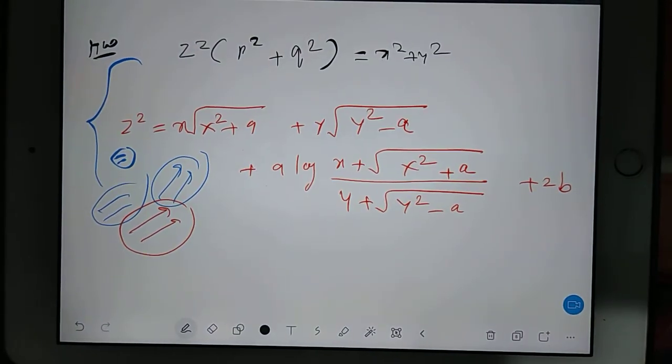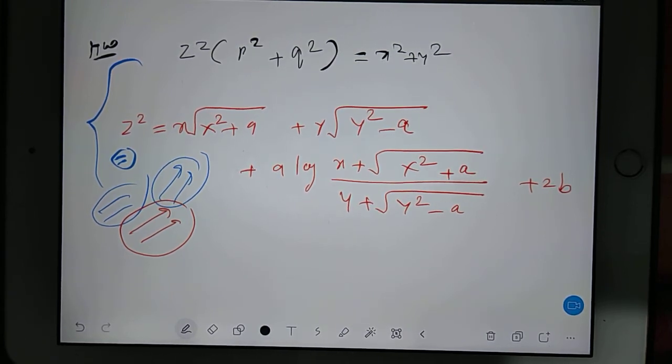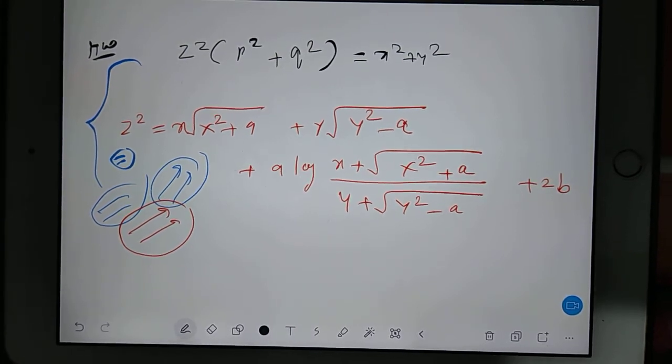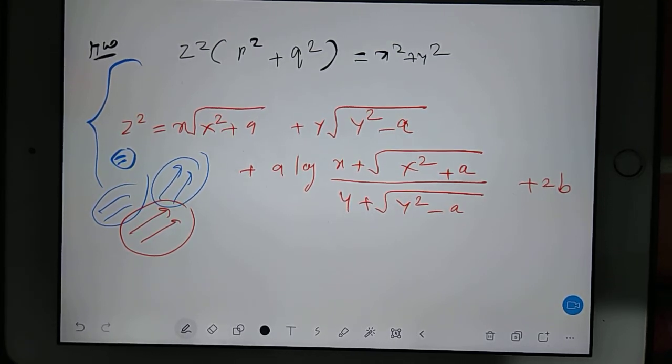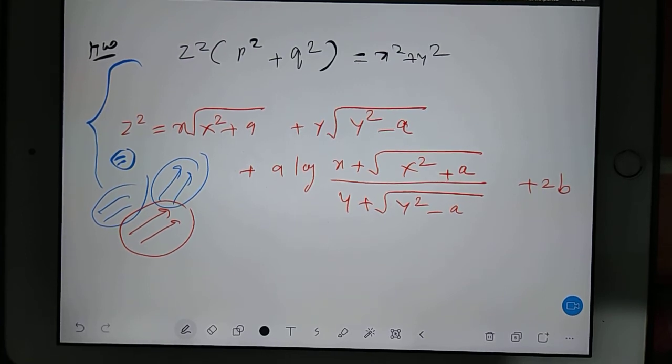Take down. z square is equal to x under root x square plus a, y under root y square minus a plus a log x plus that divided by y plus that plus 2b. Done?